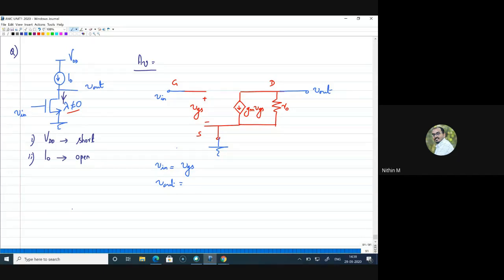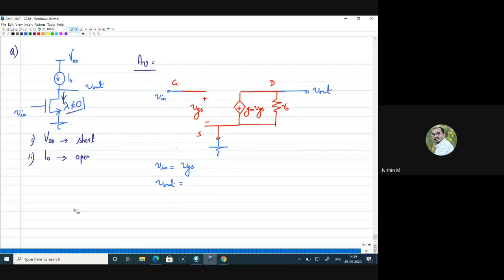Usually, R naught is the resistance of the MOSFET, right? Yes, sir. Yeah, and in this case your lambda is not equal to 0. I am considering lambda. Is that clear? Got it, sir. Yeah, all right, no issues.